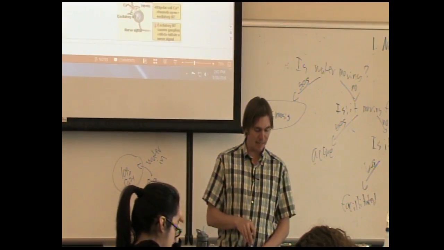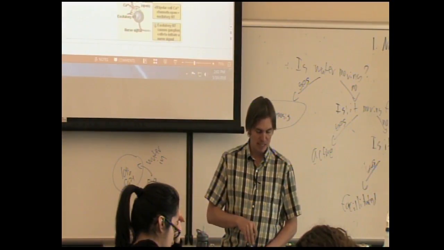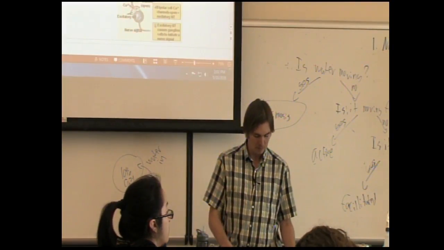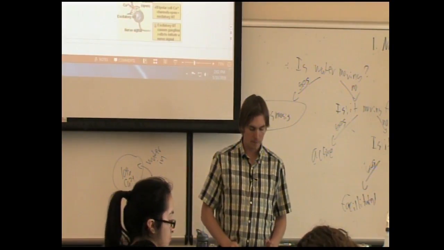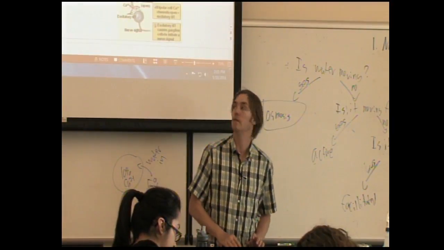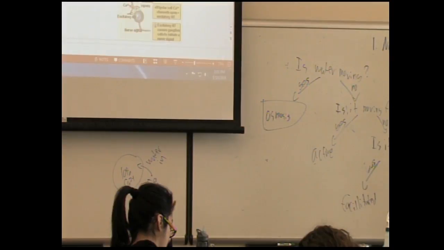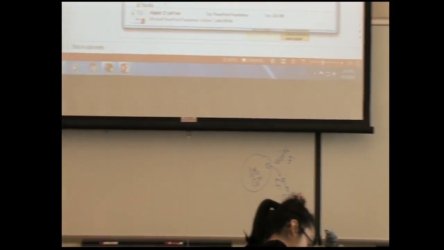So explain the events of signal transmission at chemical synapses. Maybe I'll pull up that little diagram, might make it easier. So that's chapter 12.